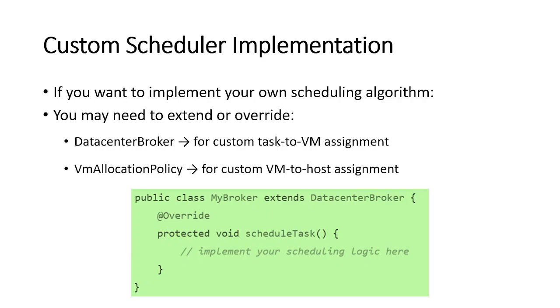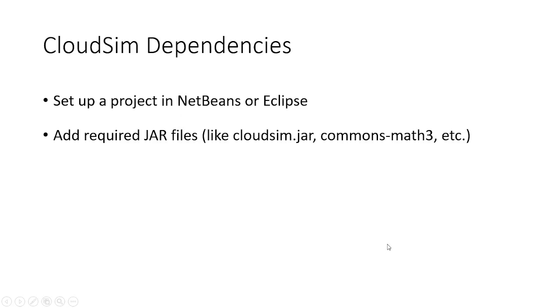So your own class is MyBroker. You just extend the DatacenterBroker. In it, you override the scheduled task method, and here you can update the lines of code of your scheduling logic. Not only the data center broker, you can also extend VM allocation policies to have a customized virtual machine to host assignment.